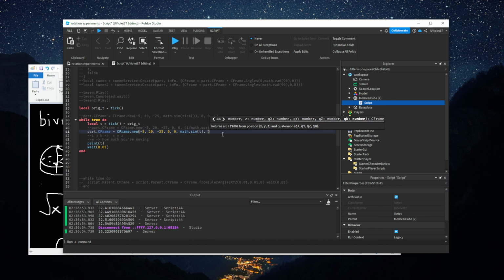But if you increase this to a big number, then the amount of rotation is slowing down. And if you change it to a small number, the amount of rotation increases.